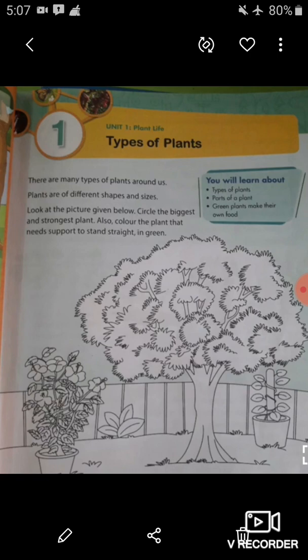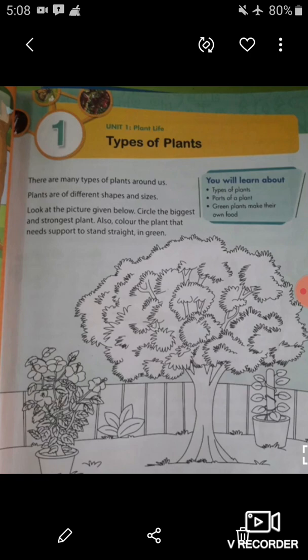There are many types of plants around us. Plants are of different shapes and sizes. Some plants are big and tall, and some plants are small and have woody stems, while some plants have soft stems.